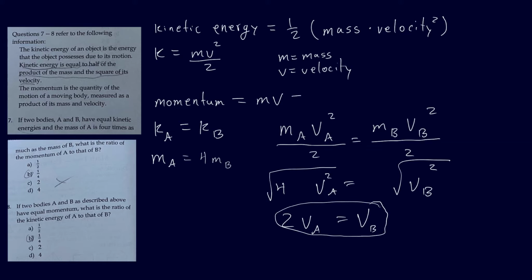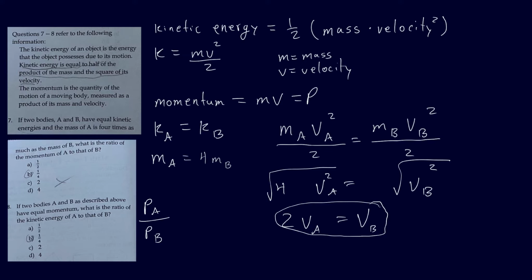I'm going to write momentum equals P. In most physics textbooks, momentum is traditionally written as P. So we know that they're asking for the momentum of object A to that of B. So the momentum of A, it's a ratio, so it's a fraction, so we can write momentum of object B in the denominator.